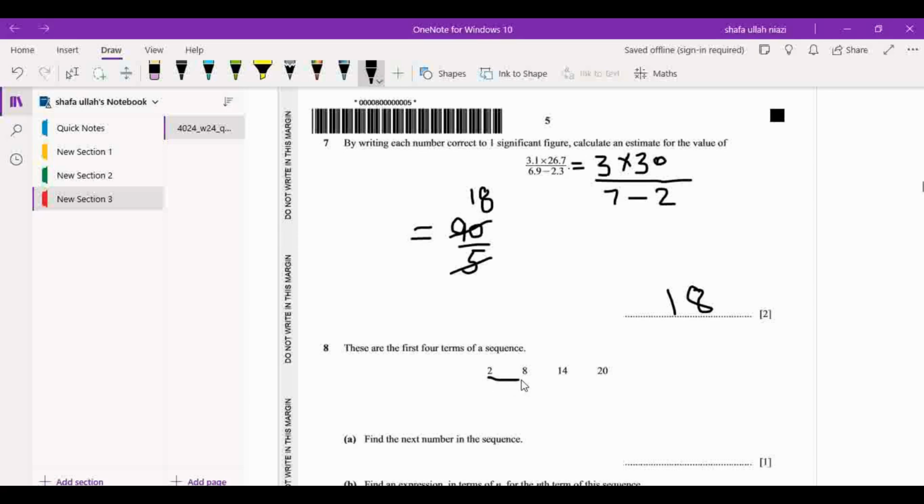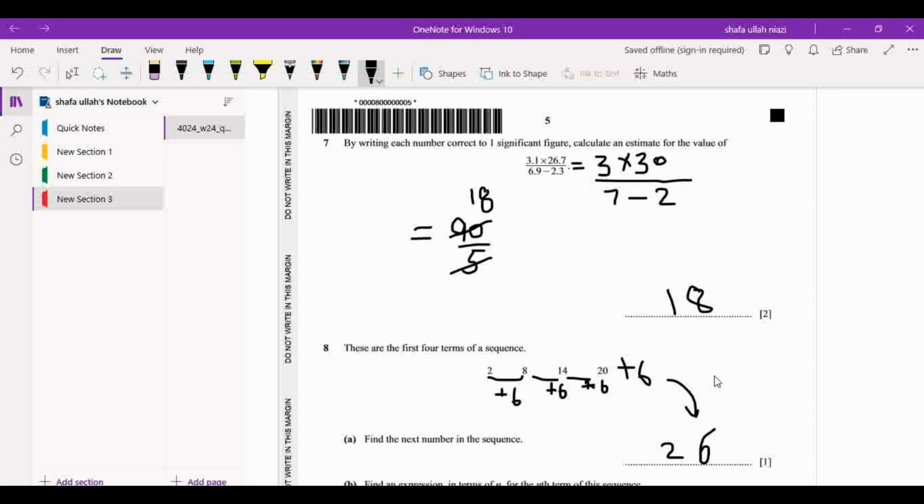Here we have added plus 6, then again we have added plus 6, and here again plus 6. So 20 plus 6 is 26, so the next number should be 26.